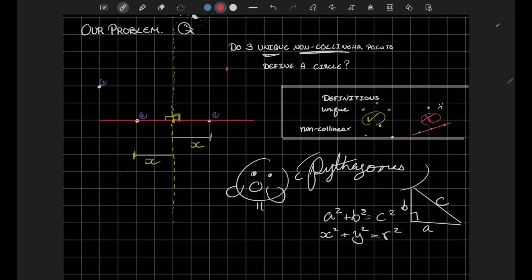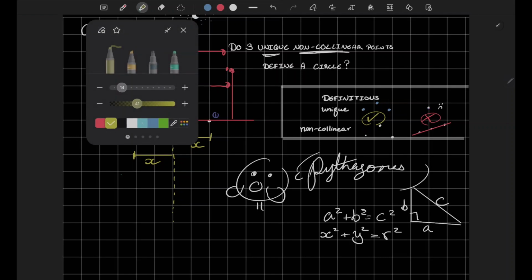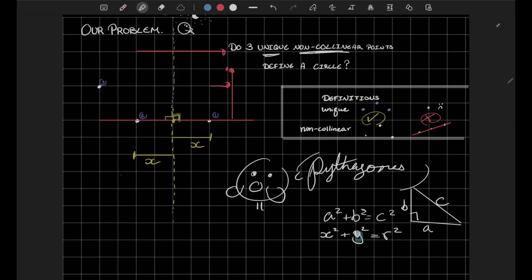Let's put it like here, just to make it more general. You've got some distance here from point 1 and some larger distance here from point 2, and you've got the same vertical but different horizontal.